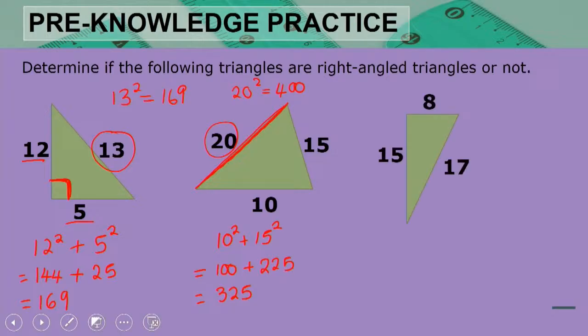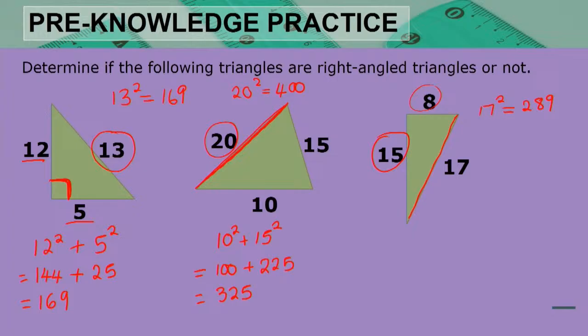Let's check this last triangle here, whether it's a right-angled triangle or not. The longest side here is this 17. So we need to check if the square of the longest side, 17 squared, which is equal to 289, is equal to the sum of the squares of the other two sides.